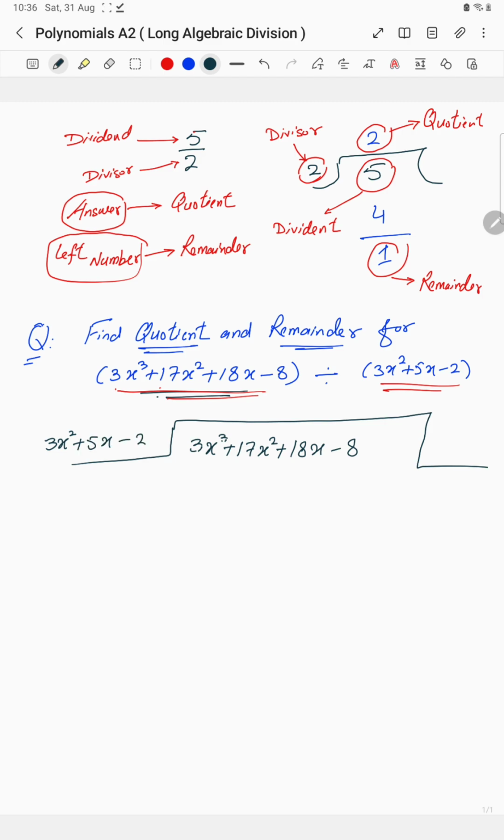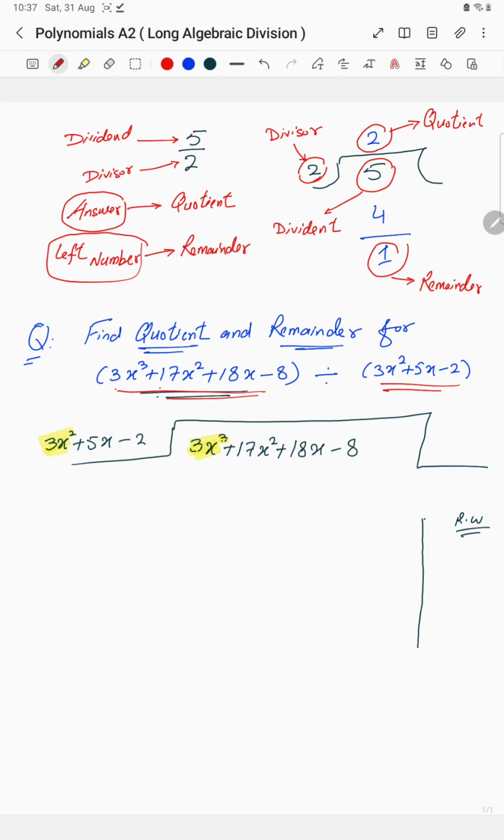And now the very simple work: take a little portion for your rough work like this. We always take the first term of the dividend and the first term of the divisor in the rough work.